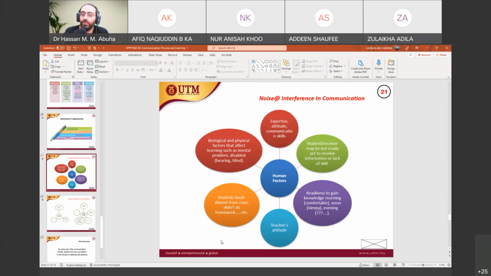And then there will be environmental factors. As I mentioned, the air condition is not working, the lighting is not working, the classroom is very hot, you know? And then the communication skills: are you able to communicate? Some teachers will just go stand up there in one corner and not even make eye contact with the students, which is very wrong.